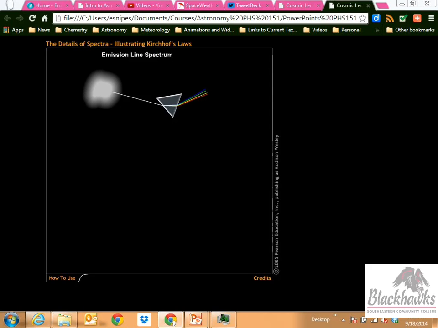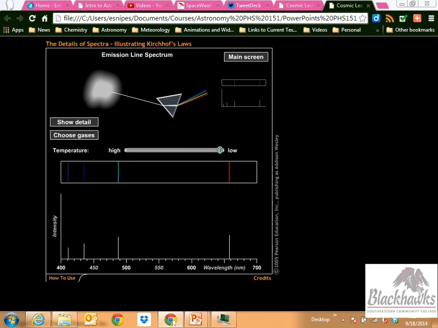Okay. So to get an emission spectrum like that, basically I said electrons were promoted and they fall back down. Well, what you need is some sort of gas, like in your light bulb, that's been electrified, or electrons have been excited around those atoms so that they can fall down.